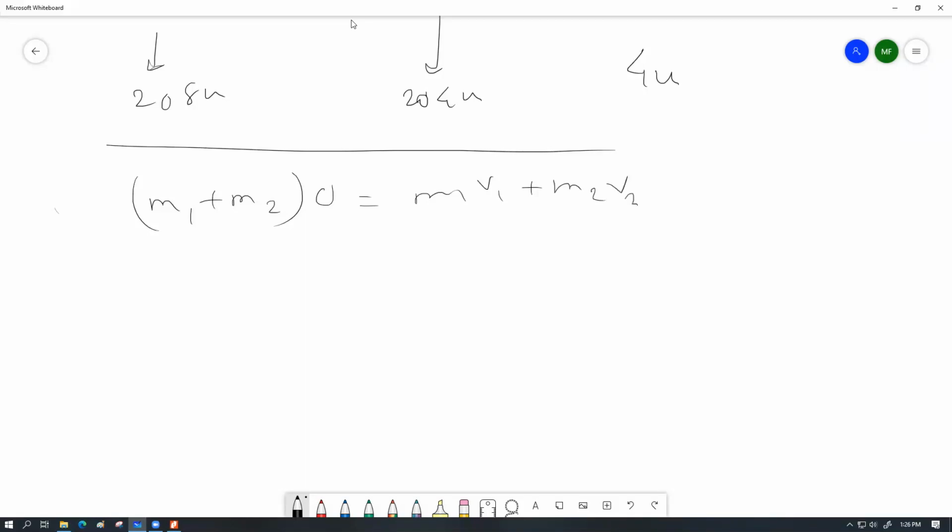Now think about it. If you place all of these masses in terms of u, you can very easily cut off all the u's from all sides. You don't have to even bother to place that value. But when you're writing the equation in the first place, you have to write the u values so that the examiners would know that you know what you're doing.